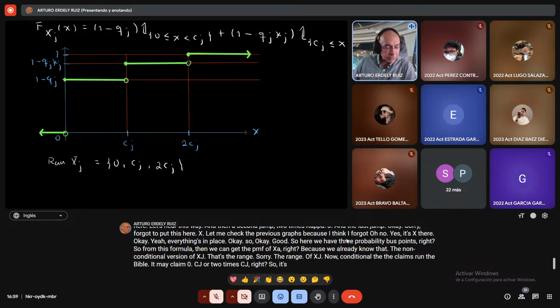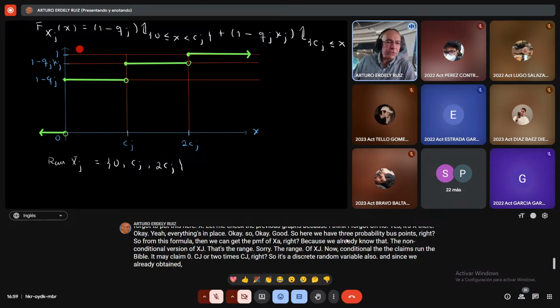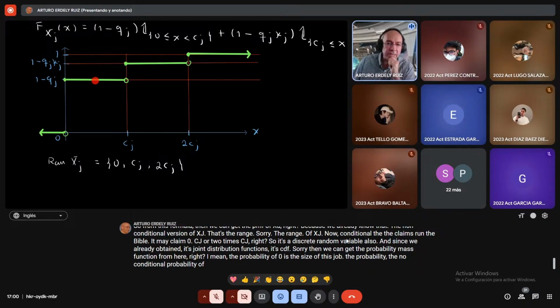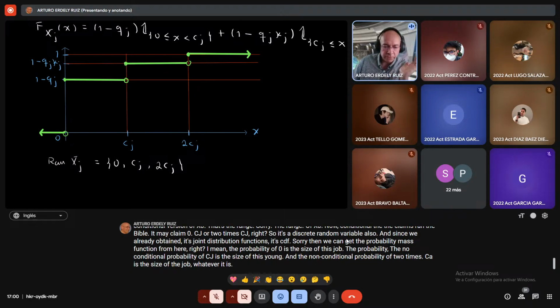So it's a discrete random variable also. And since we already obtained its CDF, then we can get the probability mass function from here, right? The probability of 0 is the size of this jump. The non-conditional probability of Cj is the size of this jump. And the non-conditional probability of 2 times Cj is the size of this jump, whatever it is.